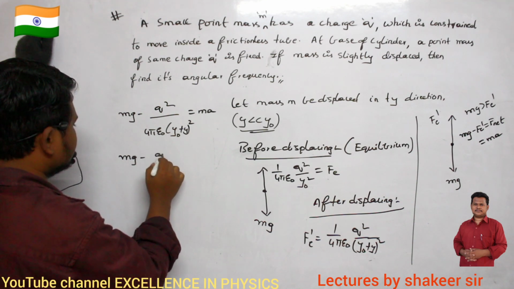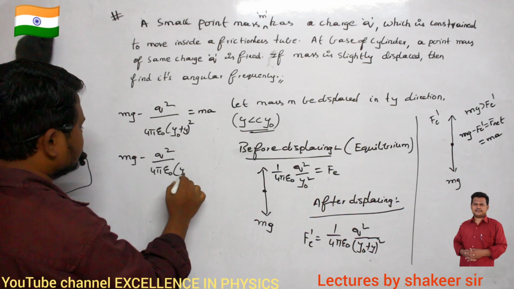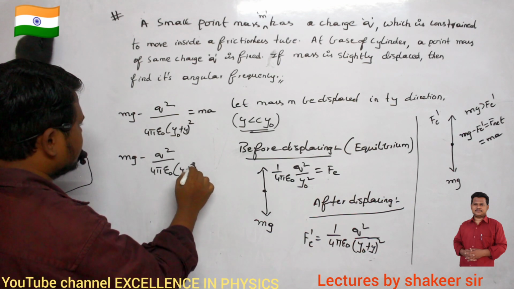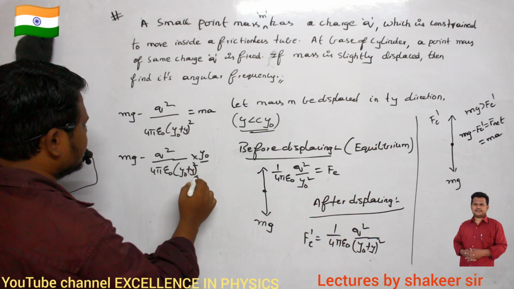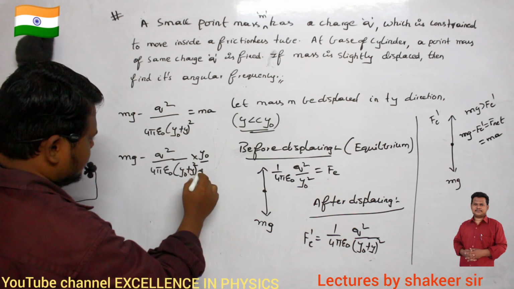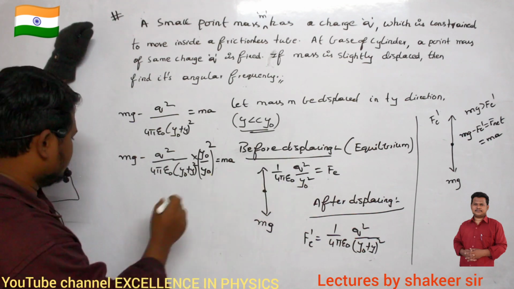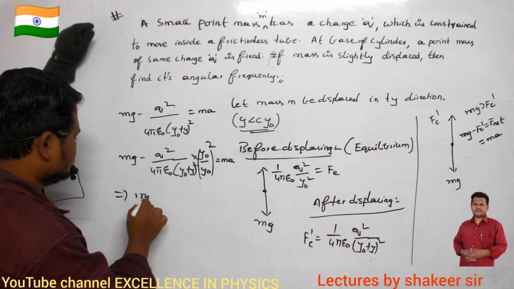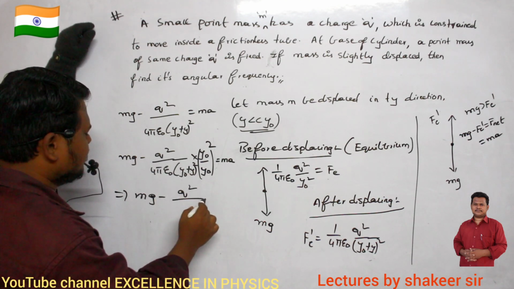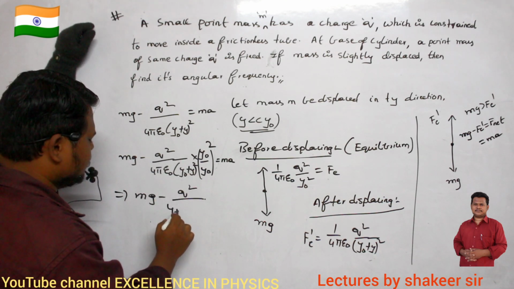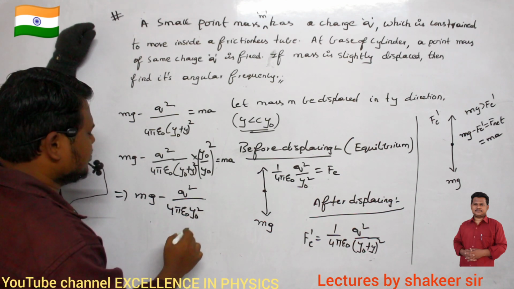So mg minus q square divided by 4 pi epsilon naught into (y naught plus y) whole square, this I will multiply by y naught by y naught. So mg minus q square divided by 4 pi epsilon naught into y naught square.